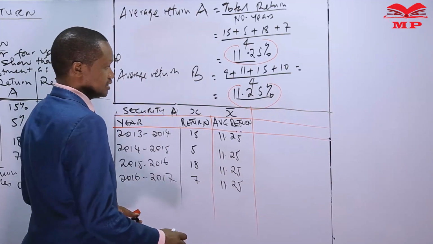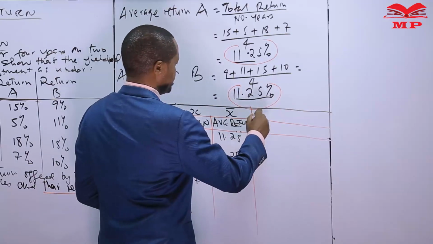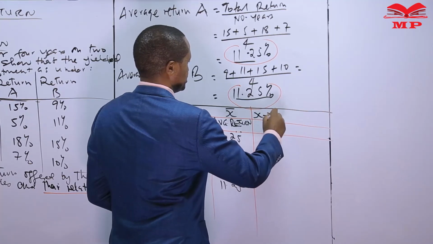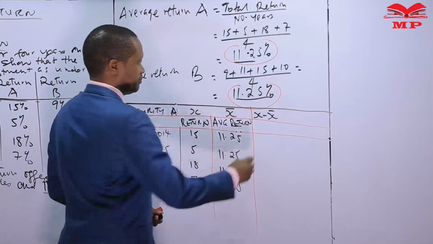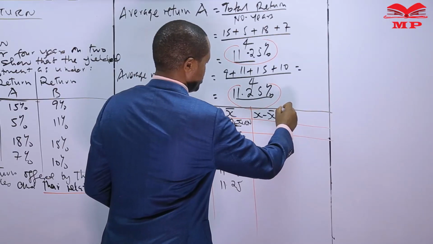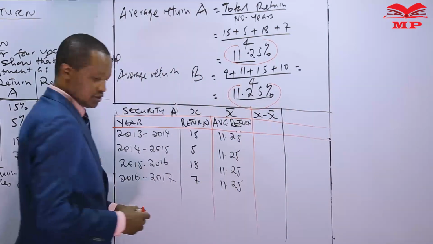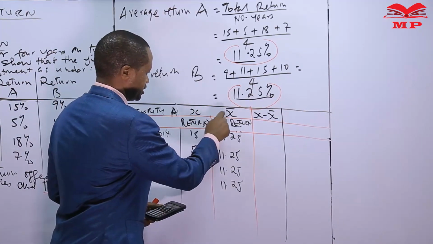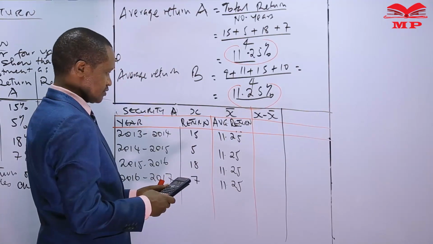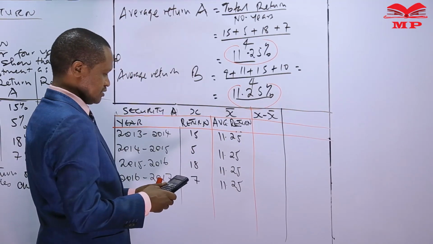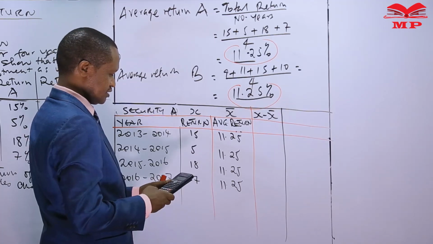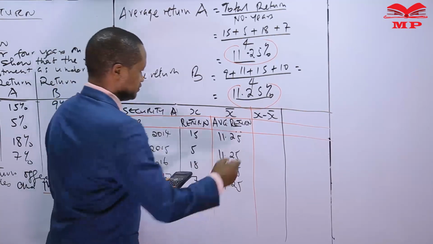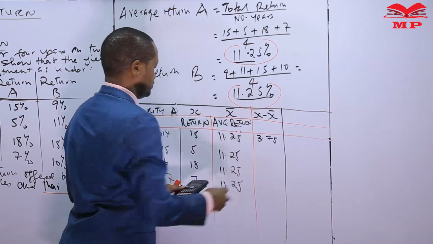Then we can come here and determine the deviations. The deviation would be X, the actual, minus the expected. So I take my calculator and get the difference between X and X bar: 15 minus 11.25 is 3.75.